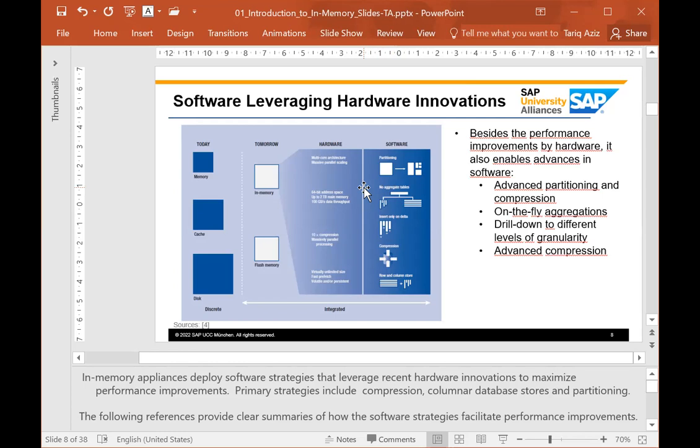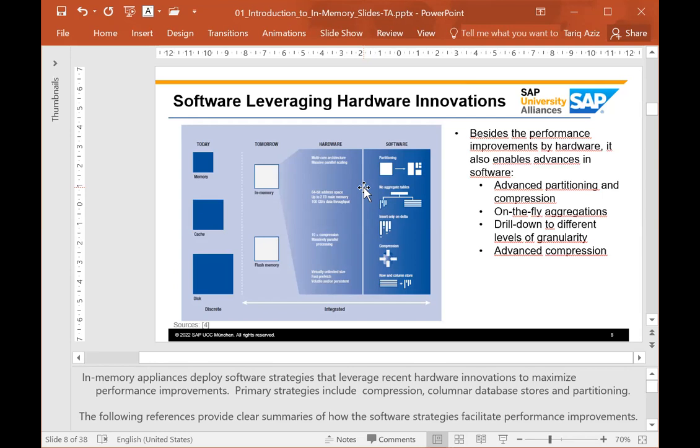Similarly, we have stacks of RAMs, 1 terabyte, 2 terabyte, 3 terabyte, and we can have 128 different computers that have RAM, all connected to each other, and we can do parallel processing on the data.